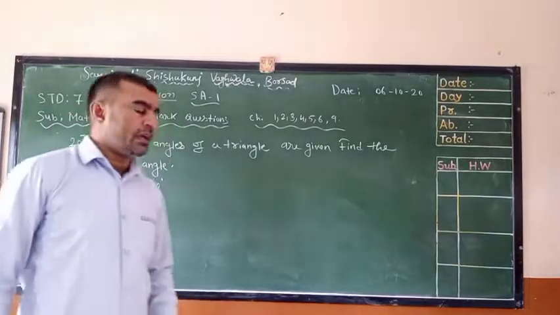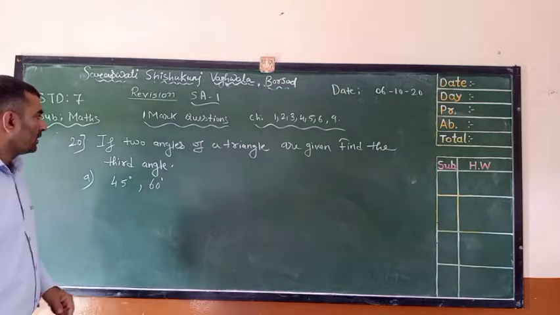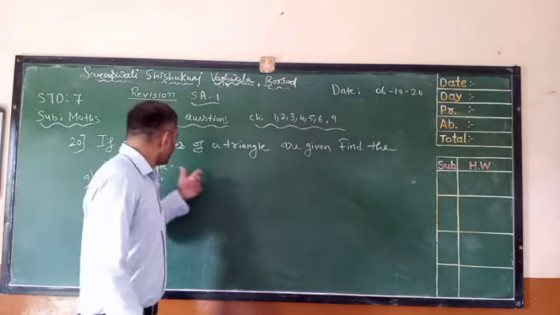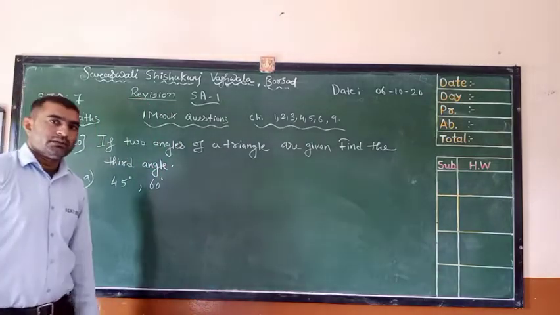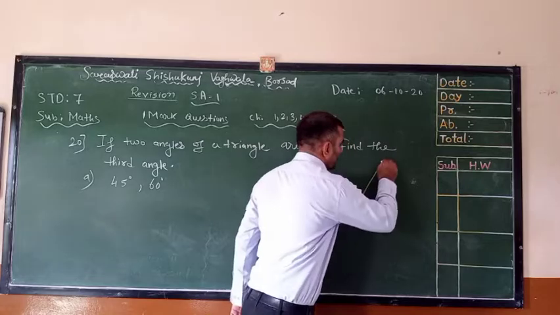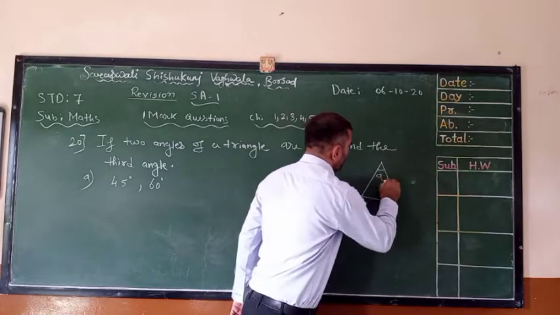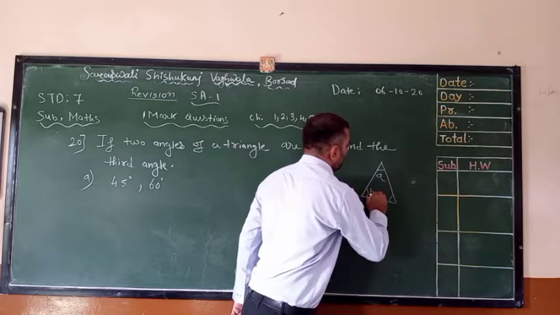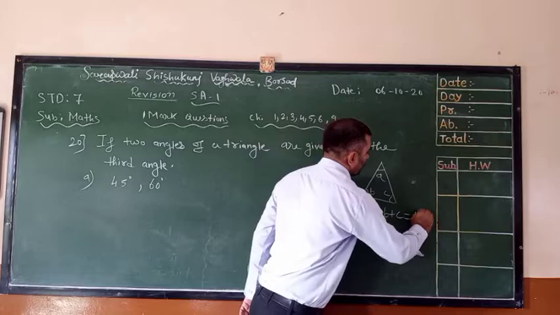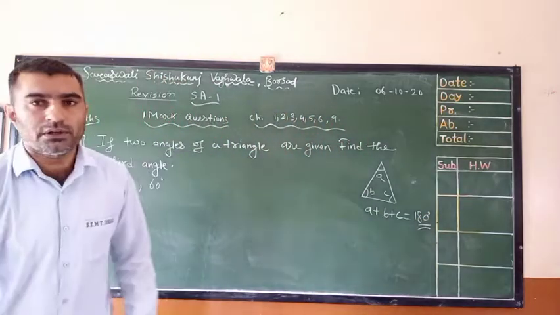So the next question we have is to find the third angle of a triangle. If two angles of a triangle are given, find the third angle. As we know, there are three angles in a triangle, and the angle sum property says A plus B plus C is equal to 180 degrees. So by using the angle sum property we can find the third angle.